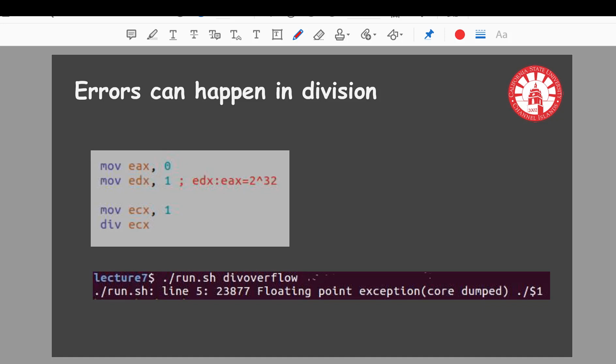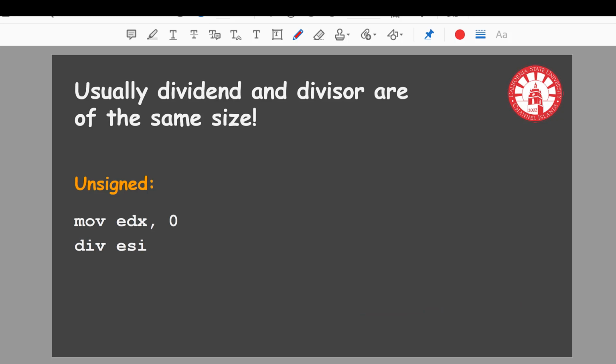If you run this, it's going to say core dump, meaning that the destination doesn't have enough bits to store the resulting value of the division. But normally, when we use the division, the dividend and divisor are the same bit length. Therefore, this is going to happen rarely, but when you implement this, you also have to consider a corner case like that.